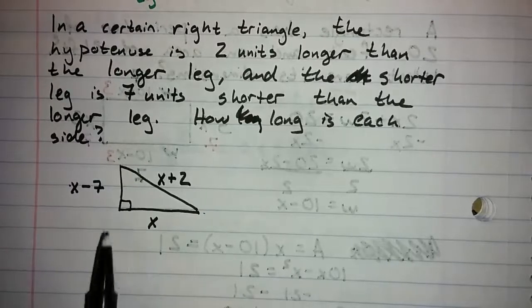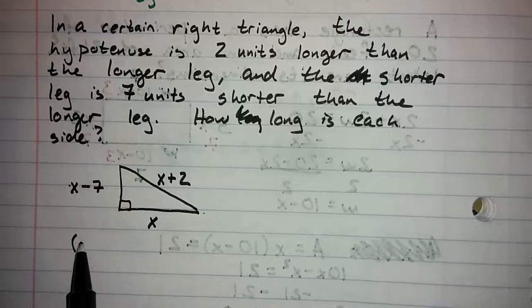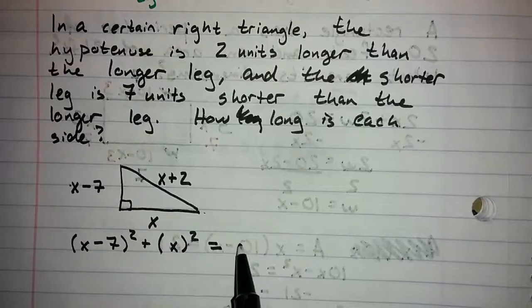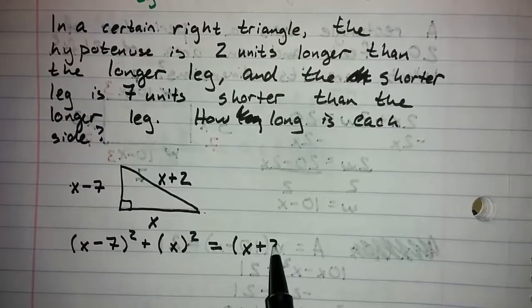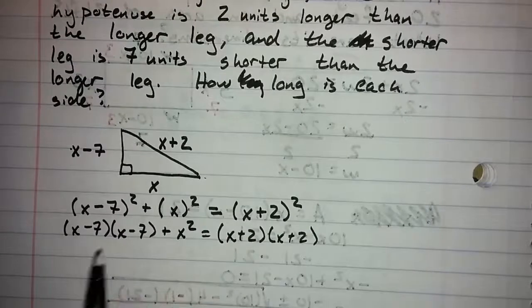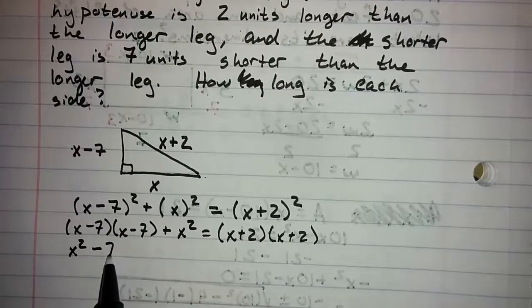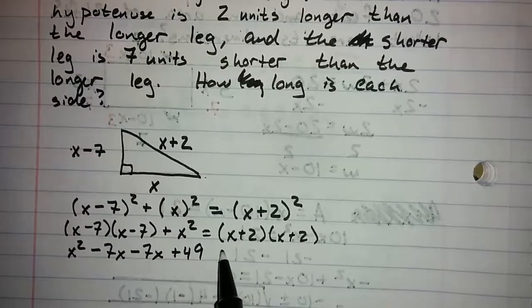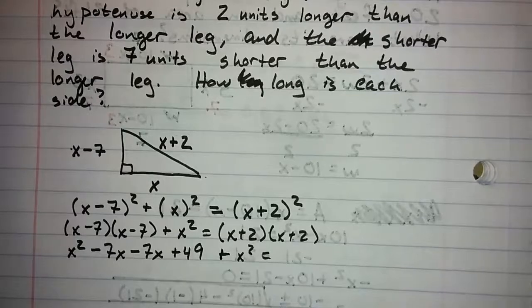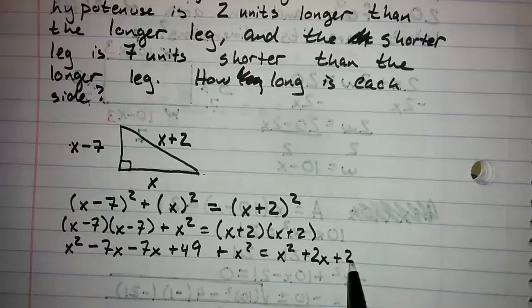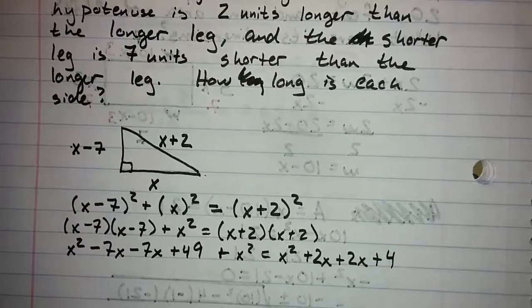Plugging all of these into the Pythagorean theorem, first leg squared plus second leg squared equals hypotenuse squared. Let's see, multiplying each of these out: x squared minus 7x minus 7x plus 49 plus x squared equals x squared plus 2x plus 2x plus 4.